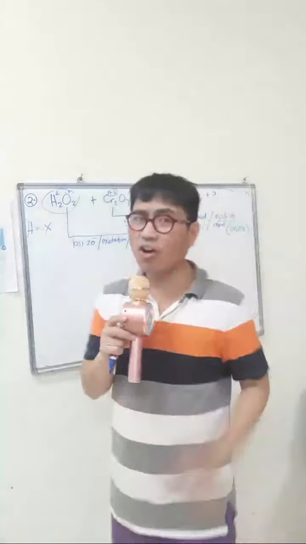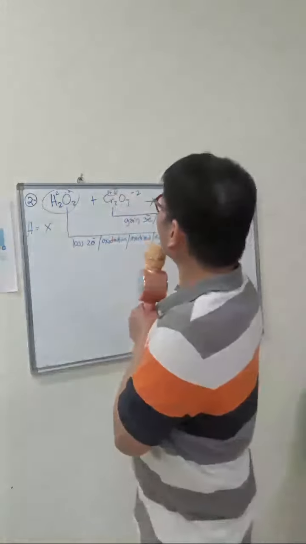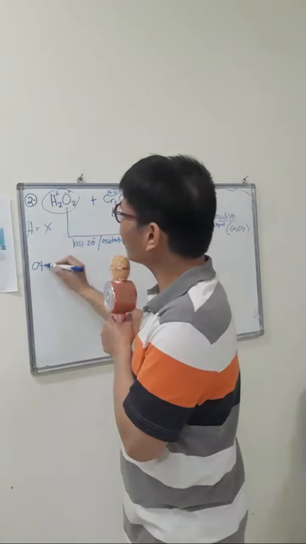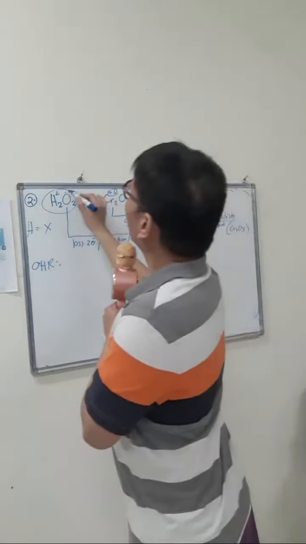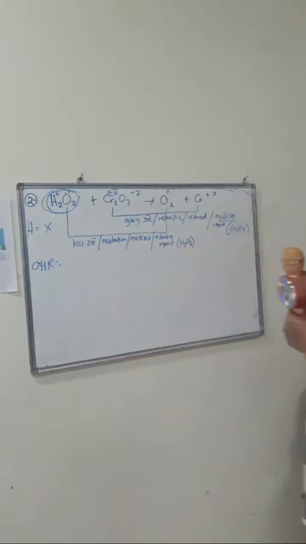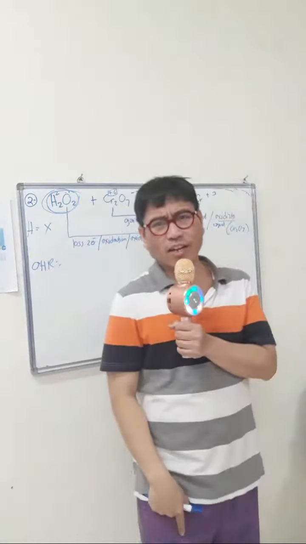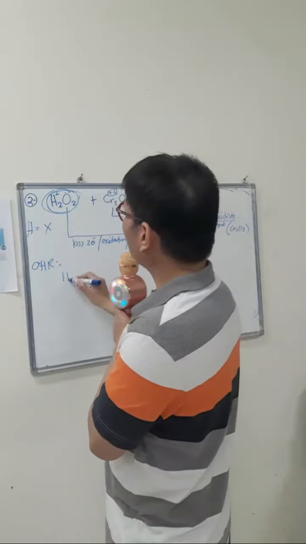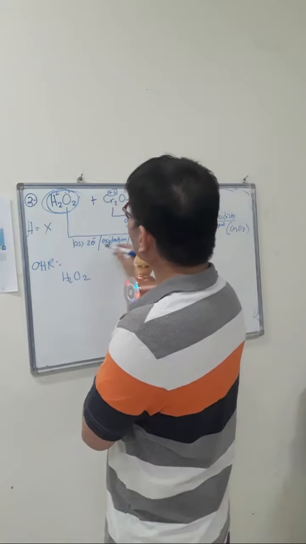Now go to the oxidation reaction by having the oxidation half reaction, OHR. So it's going to be the oxygen from the hydrogen peroxide, right? You cannot split it in the half reaction because it's bonded. So H2O2. Now this is oxidation, loss of electrons, right?